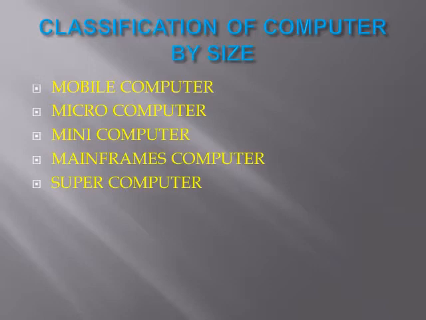A supercomputer is the biggest and most powerful computer. They often occupy an entire room. Have you understood? It is the biggest computer and can occupy a whole room. It can process trillions of instructions per second. That is all about the classification of computers by size.